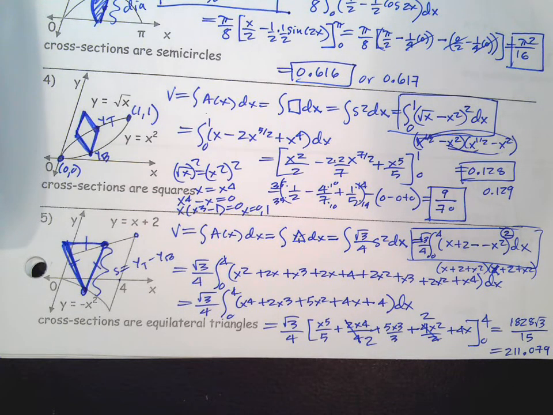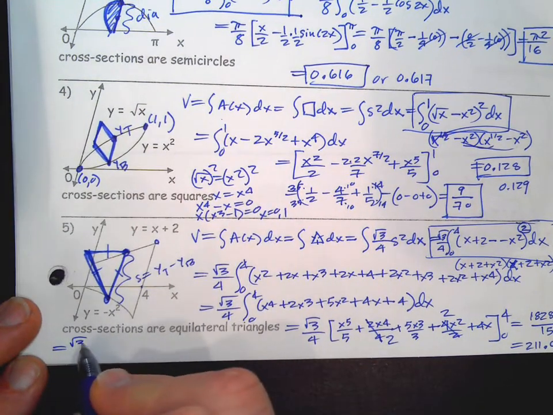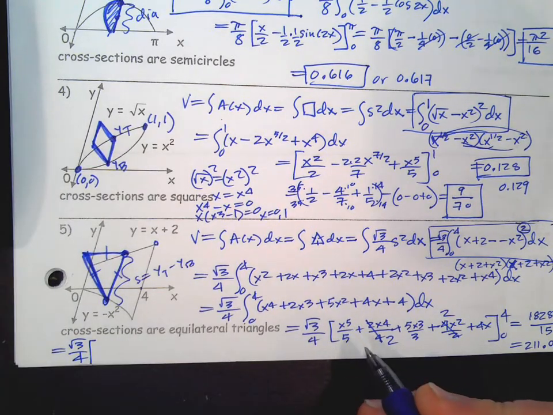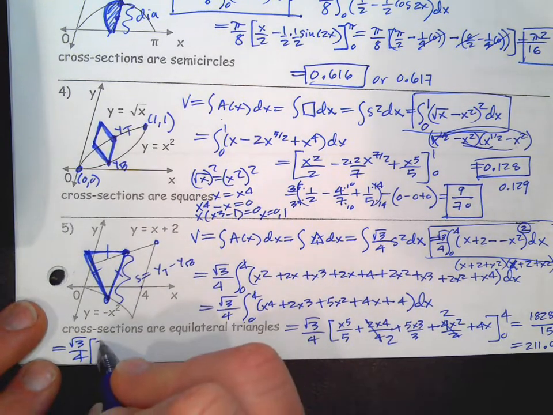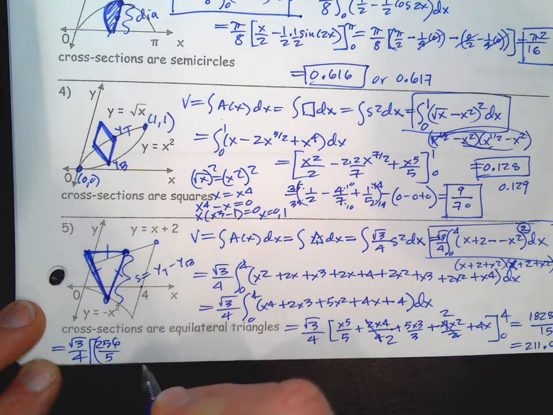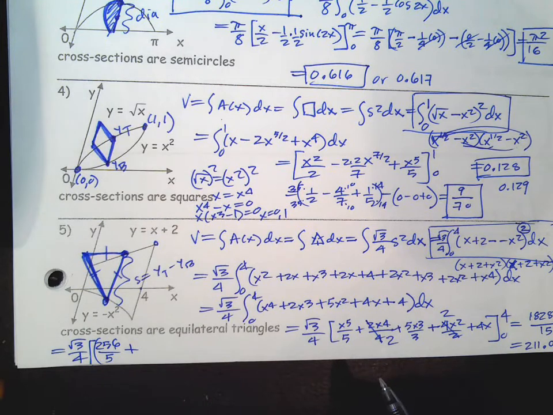But yeah, if you were to keep going with this, it's just kind of a mess. Root 3 over 4. Put 4 in this, that's 1664, 256 over 5 plus, is that even right? No, I think it's even bigger than that.